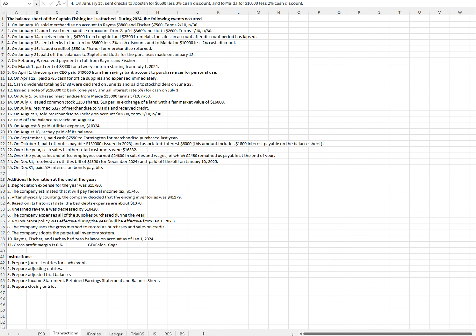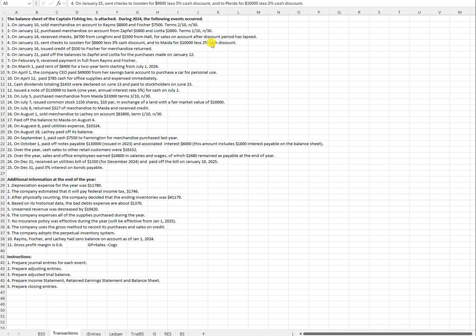Alright, let's look at number 4. It says we send checks to vendors. For this vendor, we send this amount less a 3% cash discount, and for this other vendor there is a 2% discount.